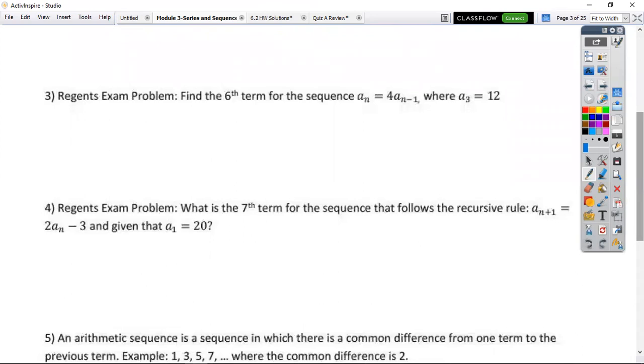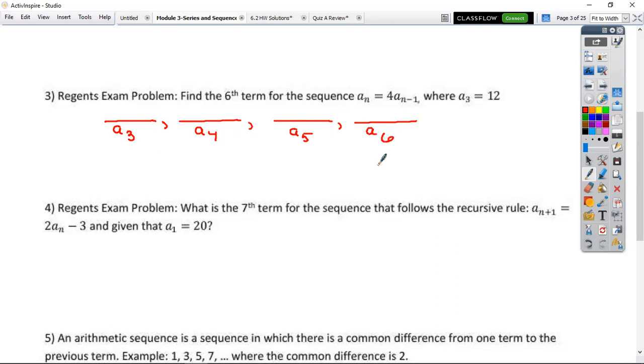You want to find the 6th term of a sequence where your third term is given to you as a 12. So 12 is the third term, and you want to take this all the way to the 6th. The third, 4th, 5th, and 6th. And what you're looking to do is either add, subtract, or multiply something.